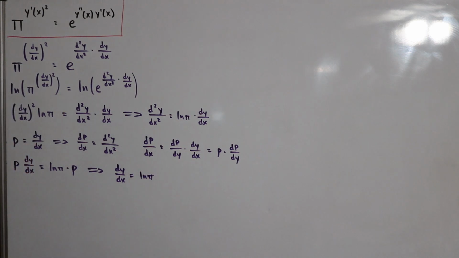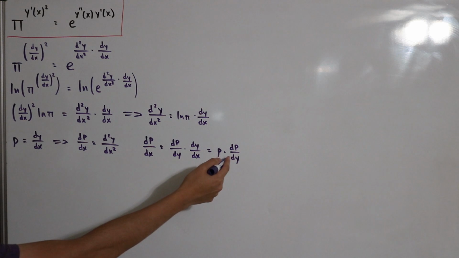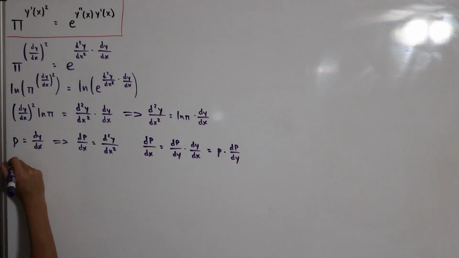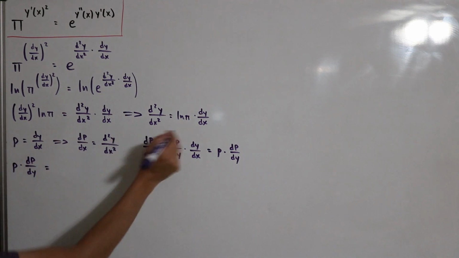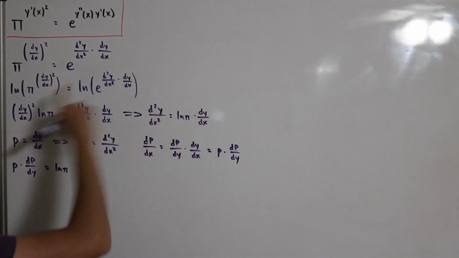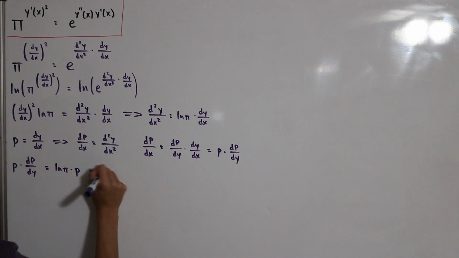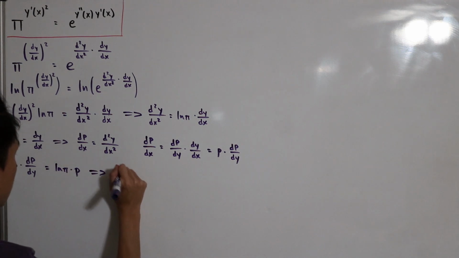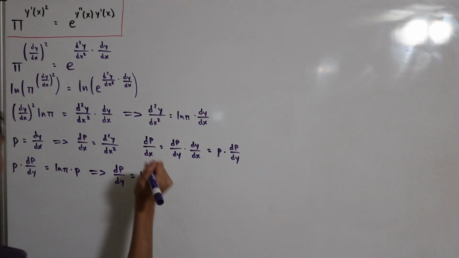So now things are simple here, so what we can do from here is, I can replace the d squared y dx squared with p times dp dy. So let's see, then dp dy is set equal to ln of pi, and we set that dy dx equal to p, so I'll just replace that with p, and then we can divide p from both sides, so we have dp divided by dy, and then it's just equal to ln of pi.